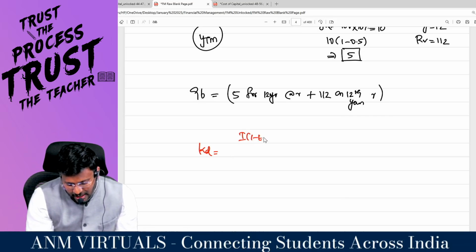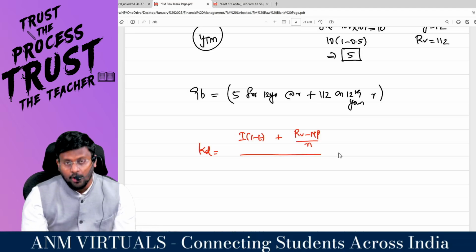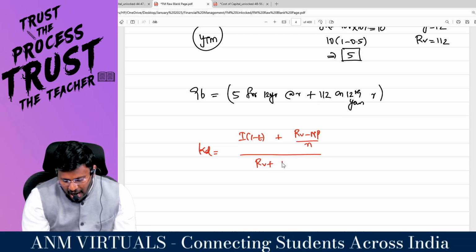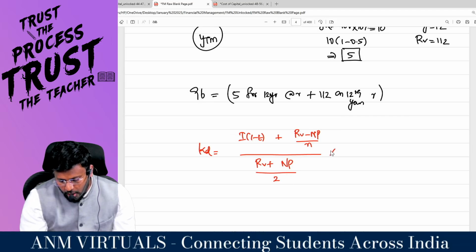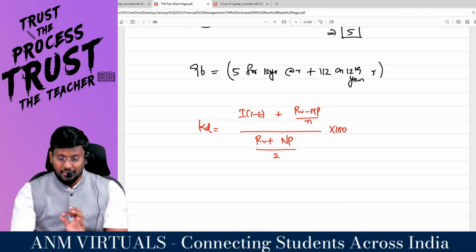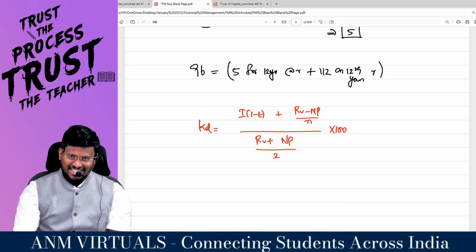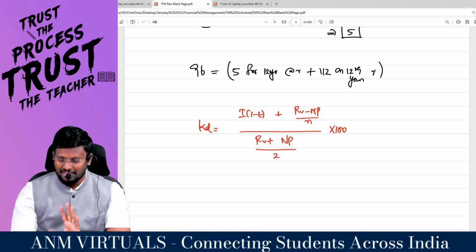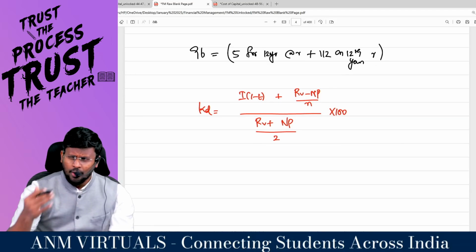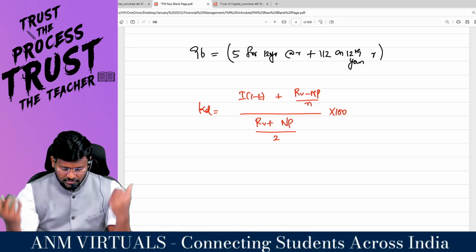KD is equal to I into (1 minus T) plus (RV minus NP) divided by N, whole divided by (RV plus NP) divided by 2, into 100. This is as per our approximation method. This answer should only form part of your working note, just to guess that rate. Otherwise, you try 5%, 10%, 20%, 15%, half an hour gone.